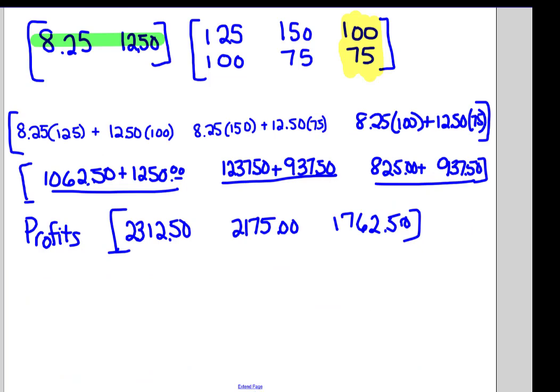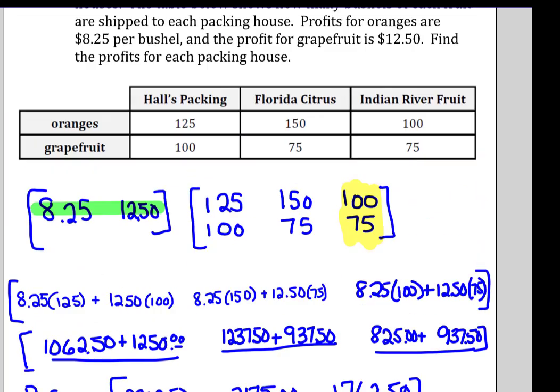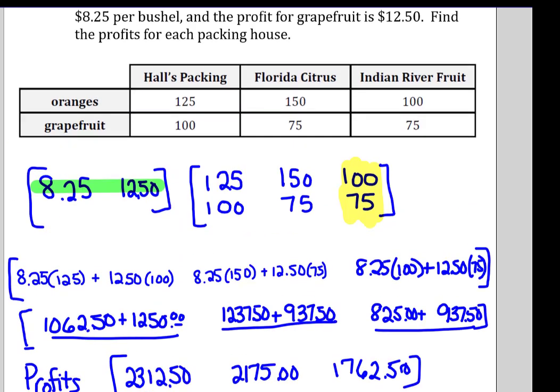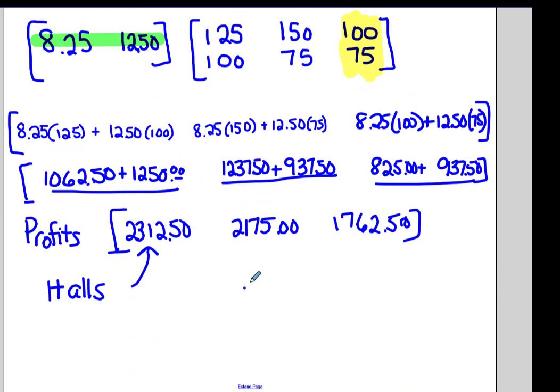So the name of the packing house, the first one, was Halls. So the profit at Halls is $2312.50. The second one was Florida Citrus. So this is the profit for Florida Citrus. And then the last packing house was Indian River Fruit.